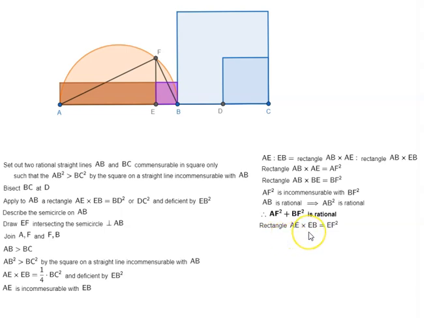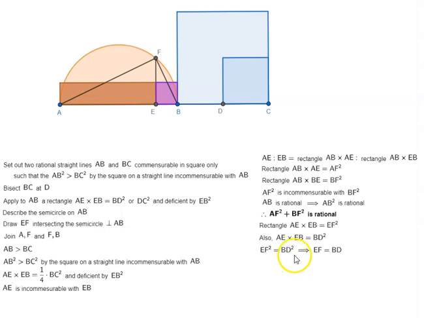Rectangle AE by EB is equal to EF square. Again, in the lemma we have seen this. Also, AE by EB is equal to BD square or CD square because that is how we did the construction. Which means AE by EB rectangle is equal to both EF square and BD square.